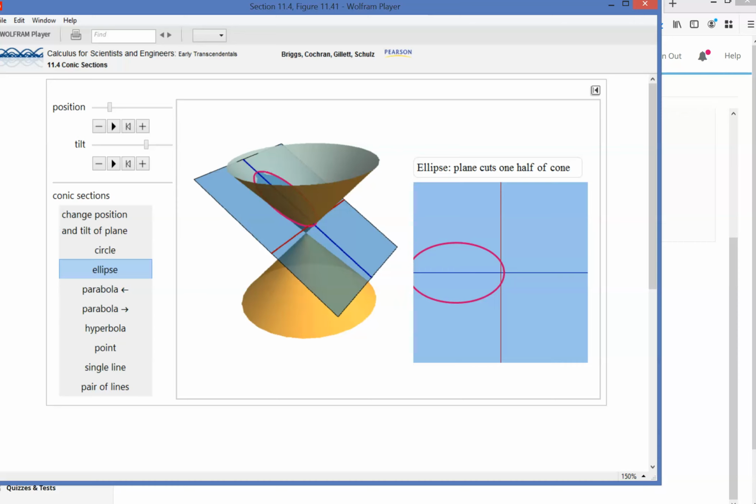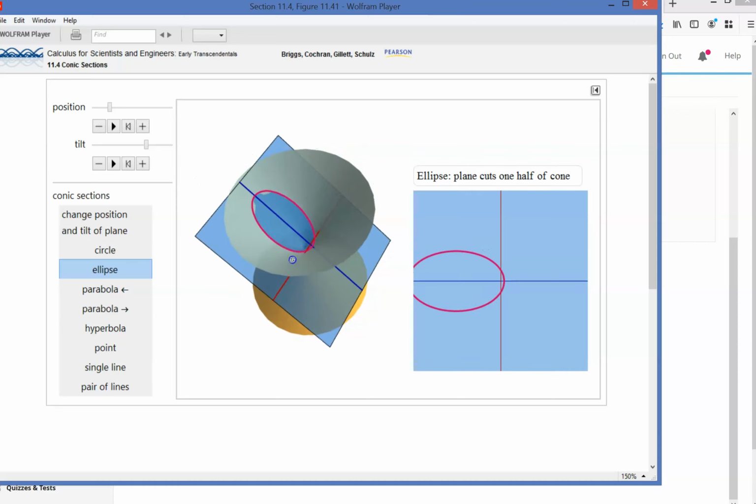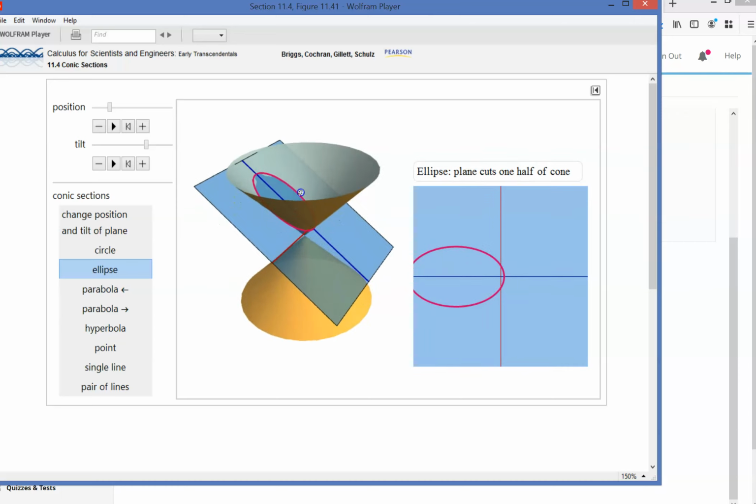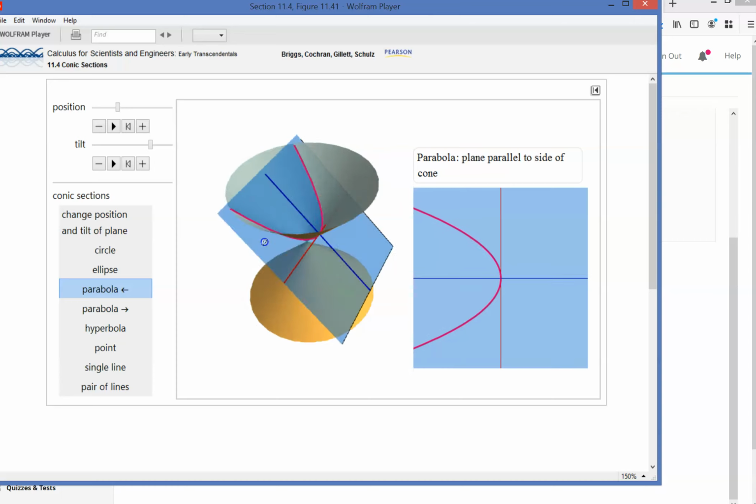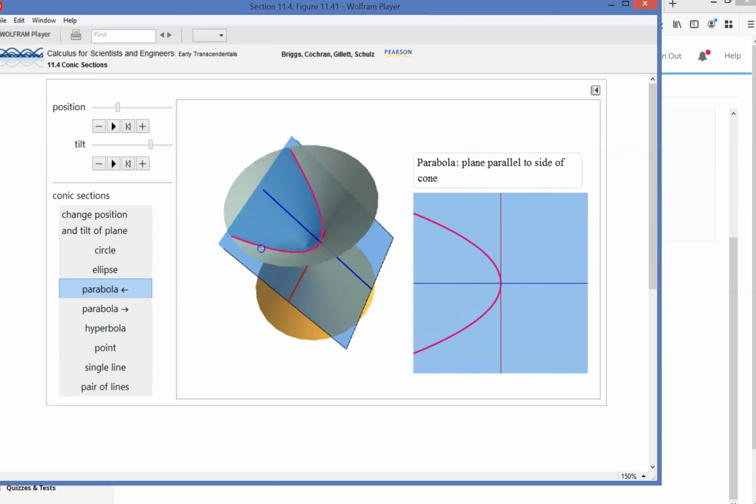If you tilt and look inside, you see that you get an ellipse. Then if you slice with the plane parallel to one of the sides of the cone, the shape you get is a parabola.